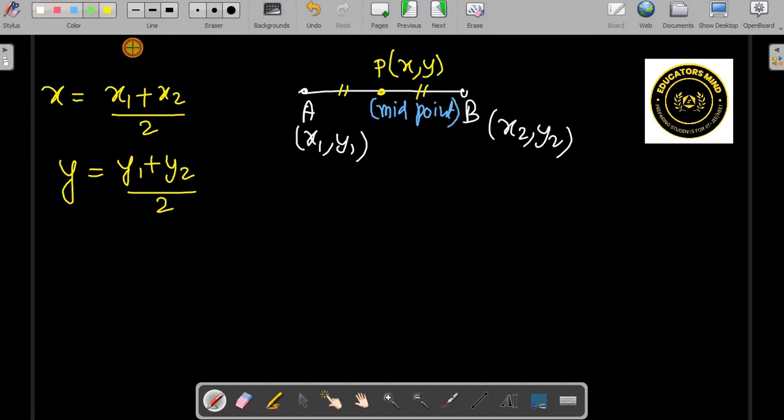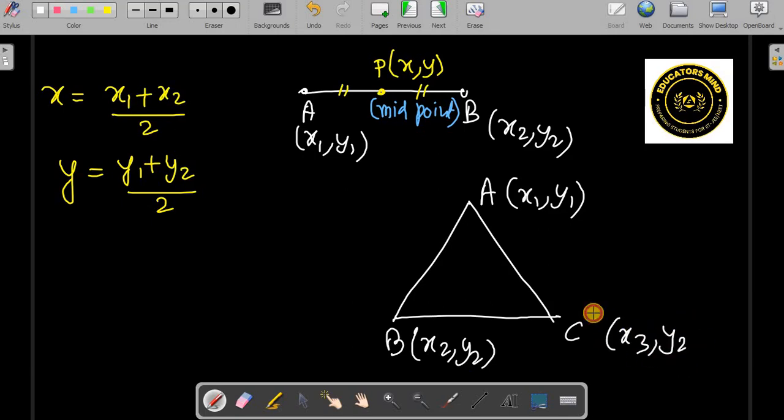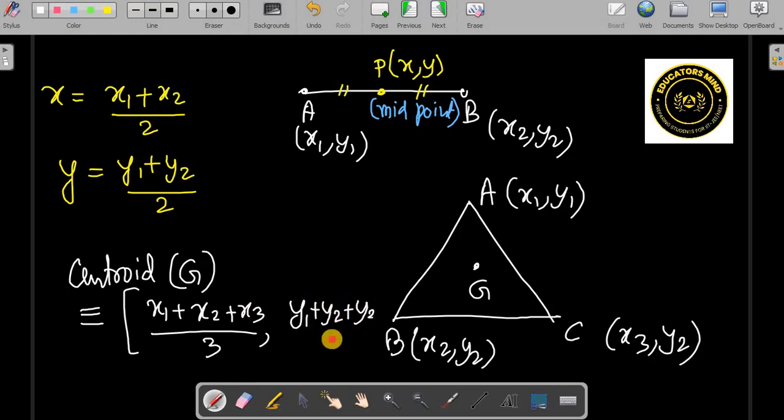Similarly, if there is a triangle ABC with coordinates x1, y1, x2, y2, x3, y3, then the centroid, generally denoted by G, can be calculated as: the x coordinate will be (x1 + x2 + x3) / 3, and the y coordinate is (y1 + y2 + y3) / 3.